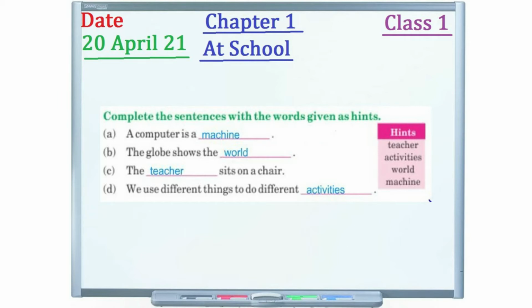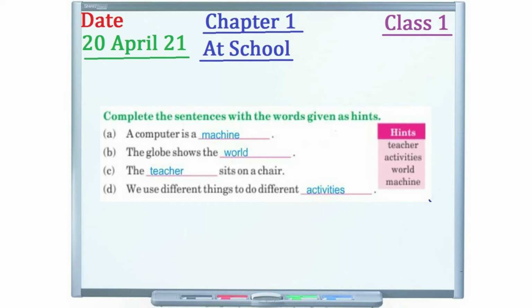What is a computer? A computer is a machine. So, in dash place, all of you write the spelling of machine. M-A-C-H-I-N-E. Machine.